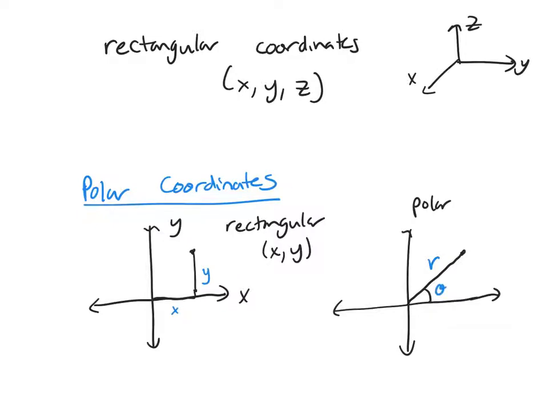So we represent a point in polar with these coordinates r comma theta.